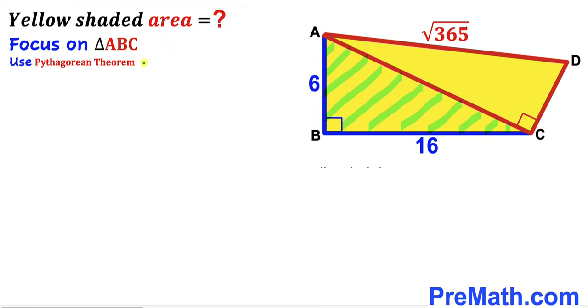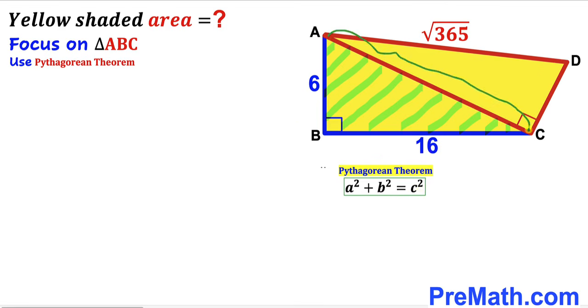Let's focus on this right triangle ABC. We are going to use the Pythagorean theorem to calculate side AC. Here's our Pythagorean theorem: a square plus b square equals c square. In our case, side AC is our hypotenuse, whereas our two legs are 6 and 16.